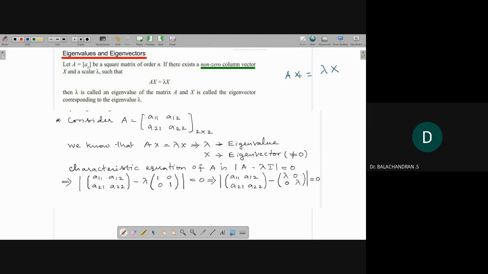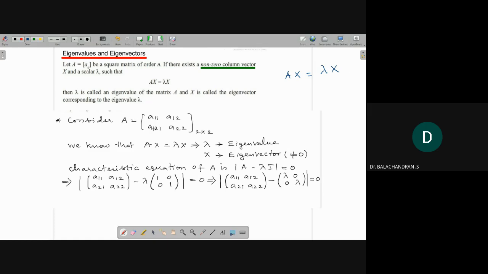This is a column vector, non-zero column vector. Then you are writing the product of these two is some scalar into the same non-zero vector. Okay. So here lambda is called eigenvalue of the matrix capital A, and X is called eigenvector corresponding to the eigenvalue lambda.